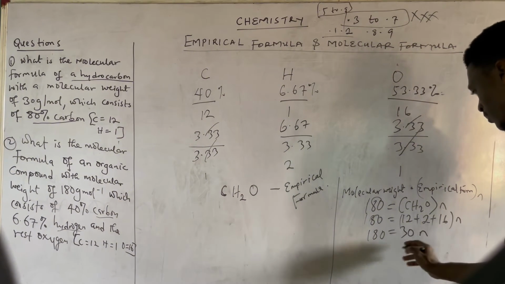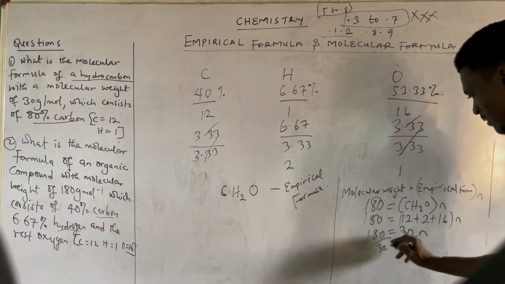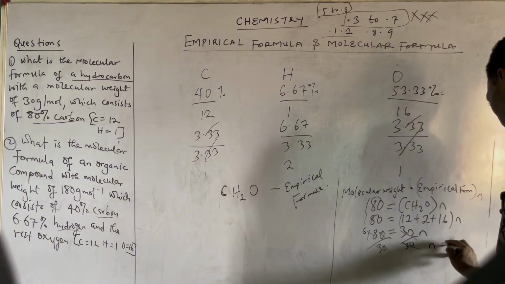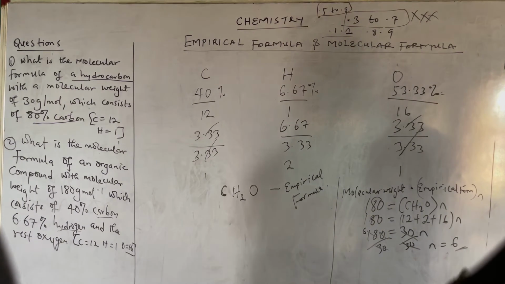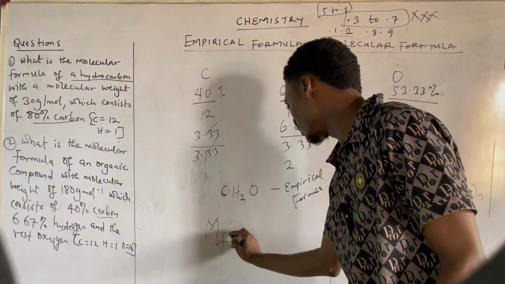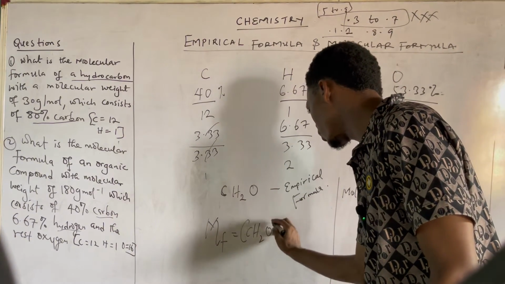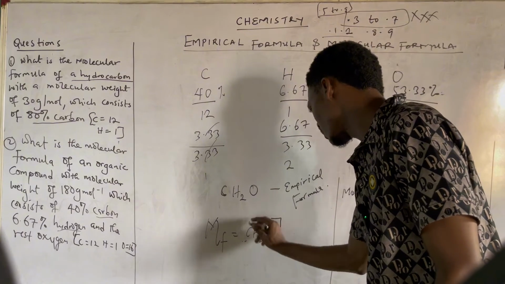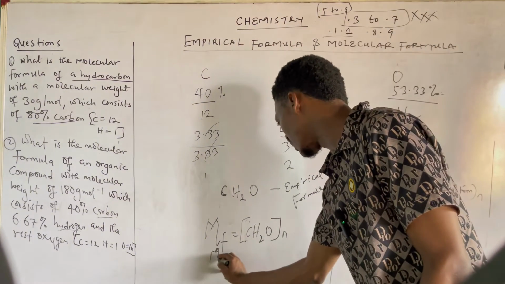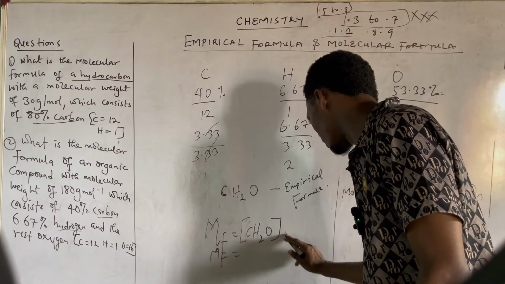When we divide both sides by 30, 3 into 18 is 6. So our n is 6. If our n is 6, then our molecular formula will be given by our empirical formula CH2O, all in n, and our n value is already 6. So in place of n, we just put 6 there.